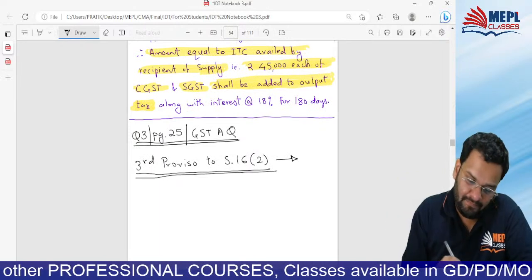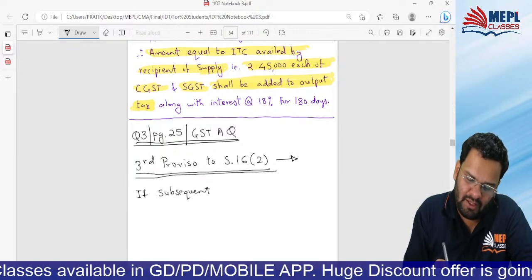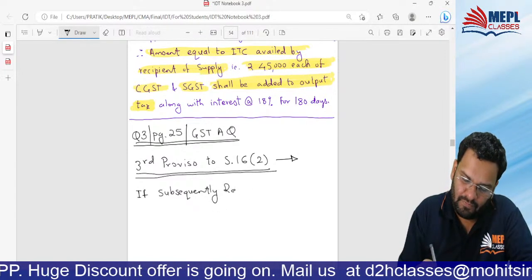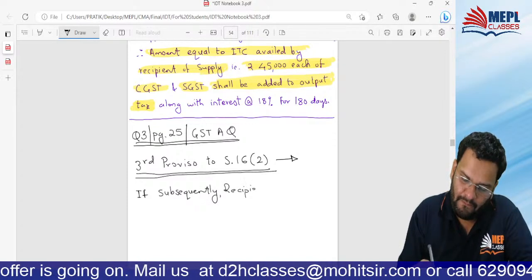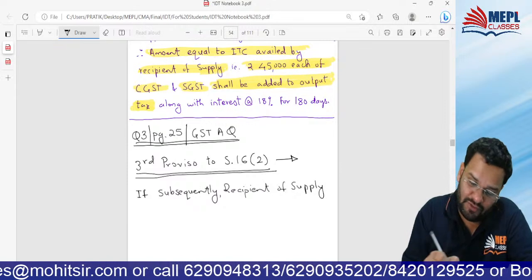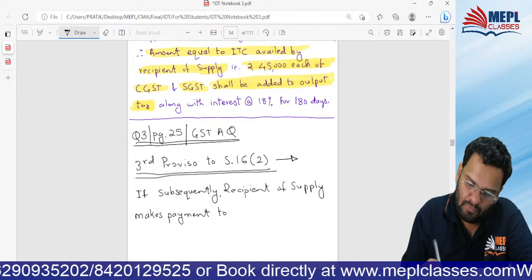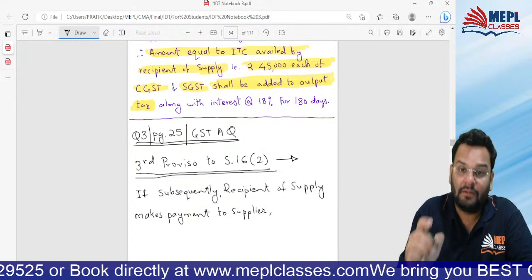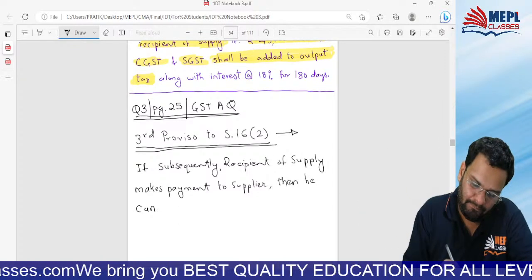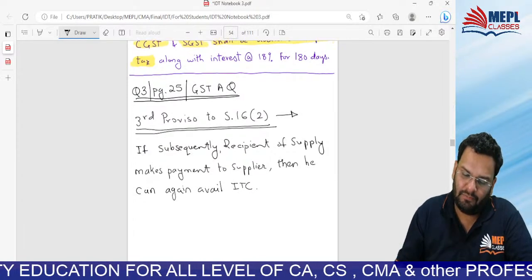If subsequently the recipient of supply makes payment to the supplier, then he can again avail ITC. Got it?